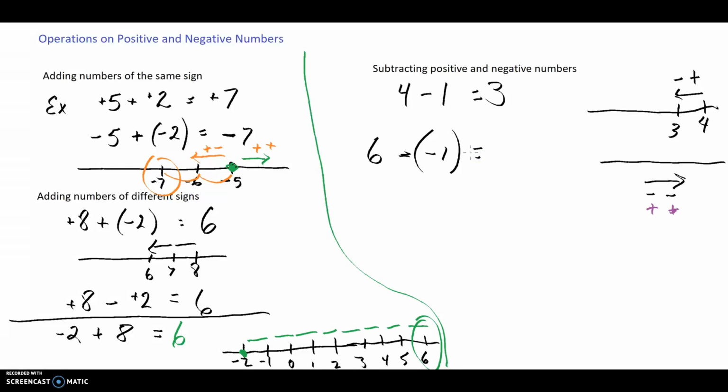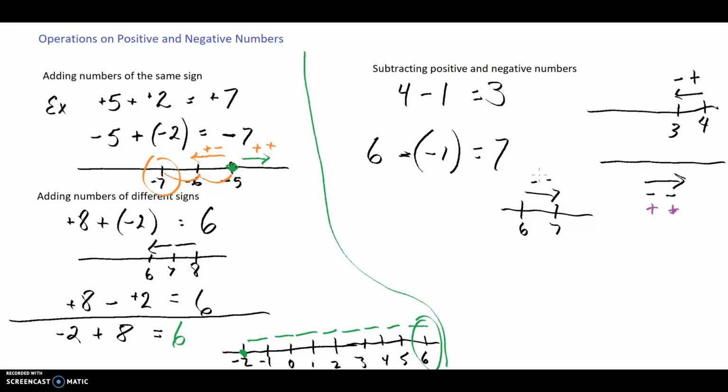Where are we going to end up? Subtracting a positive, I should go left. So subtracting a negative, I should go right. I am becoming greater. Therefore, the answer is 7. If we're at 6 and we move 1 place this way, subtracting a negative, the answer is 7.